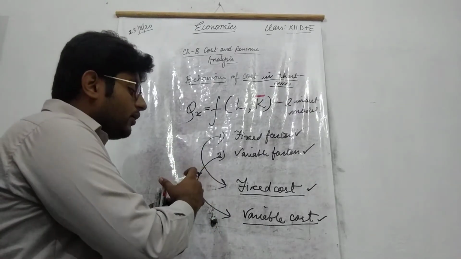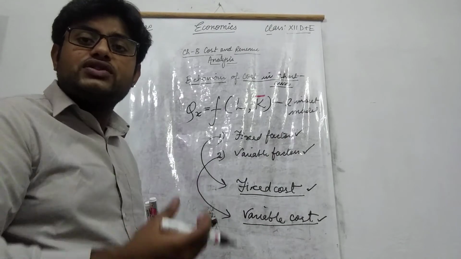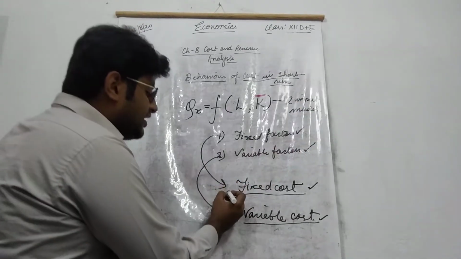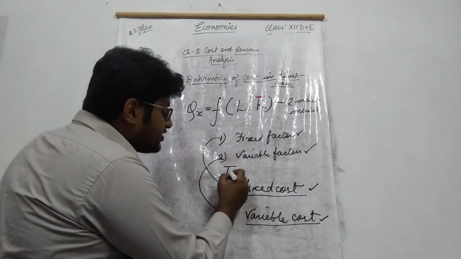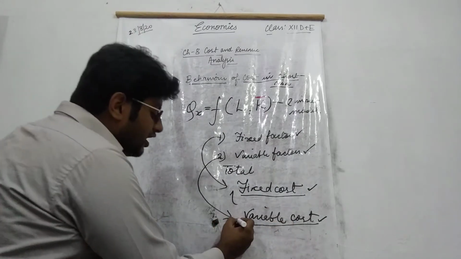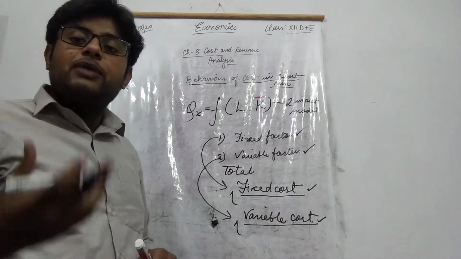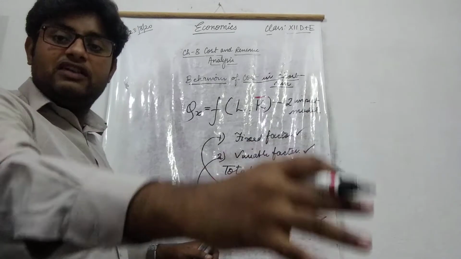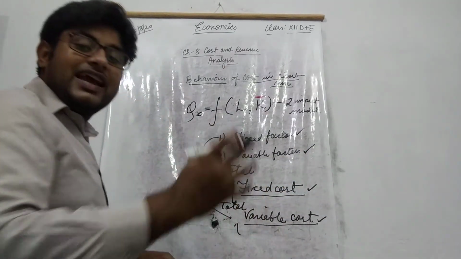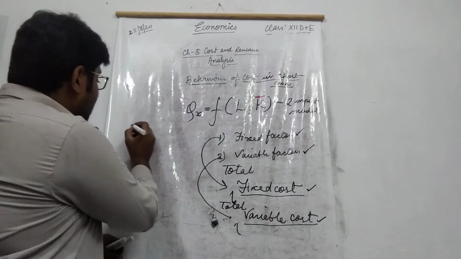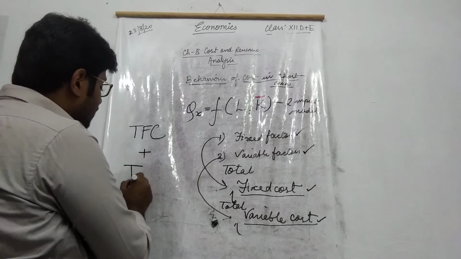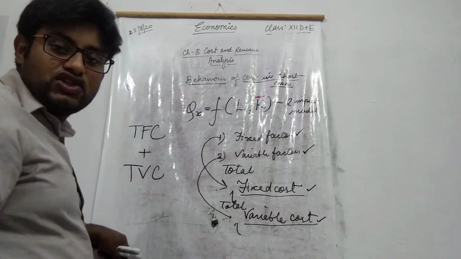Alright, so whatever cost the producer is incurring on the fixed factors he has will come as total fixed cost. And whatever cost a particular producer is incurring on all the variable factors will come as total variable cost. So we get two concepts over here: the concept of total fixed cost, plus the concept of total variable cost in the short run.